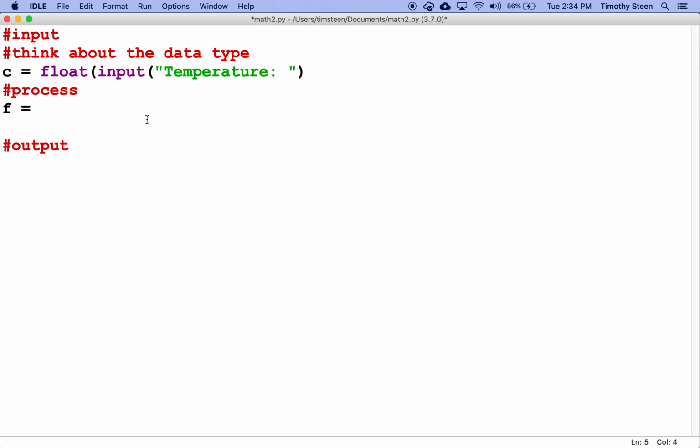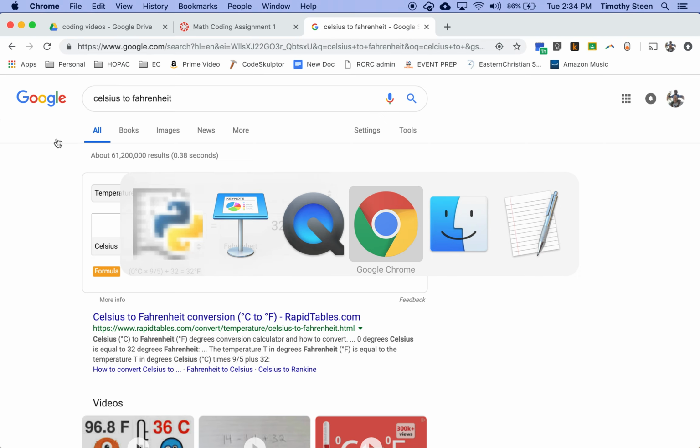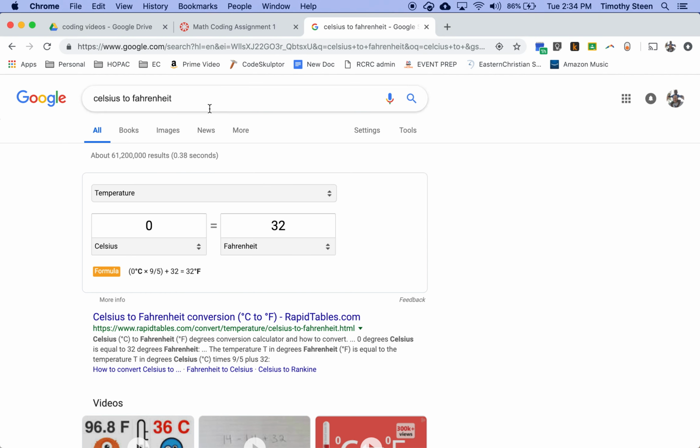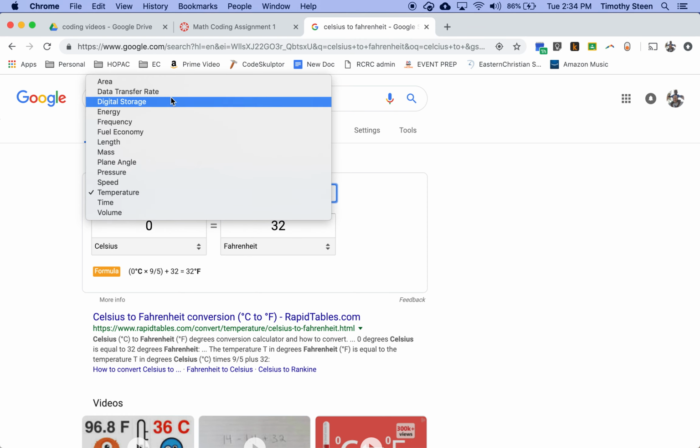We have to come up with what is the formula to take a Celsius number and convert it into a Fahrenheit number. Well, the good news is we have our friend Google. So we go over to the internet, and I typed it in already. And the even better news for Google is they, number one, have a whole bunch of different conversions here for different things.